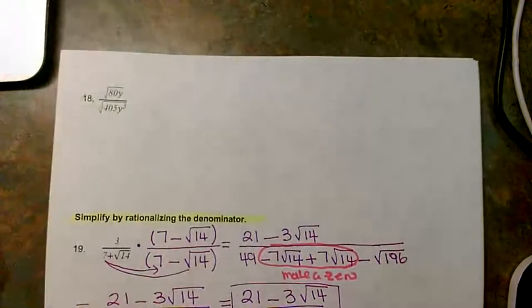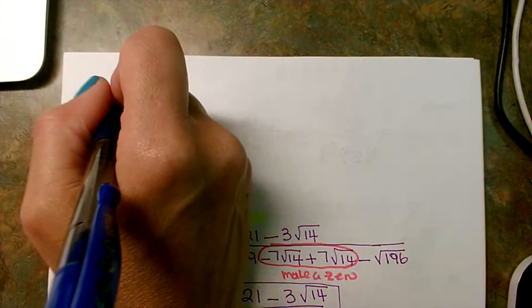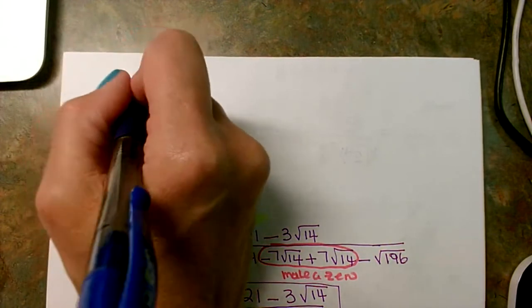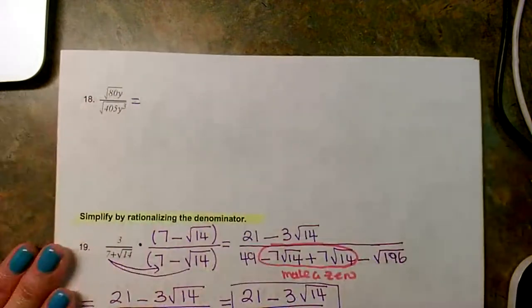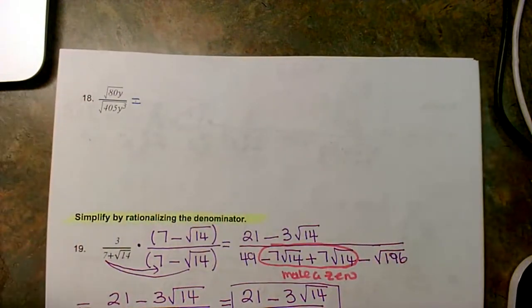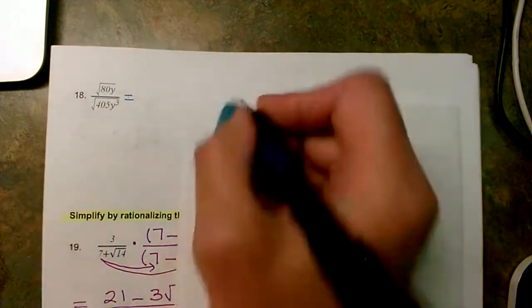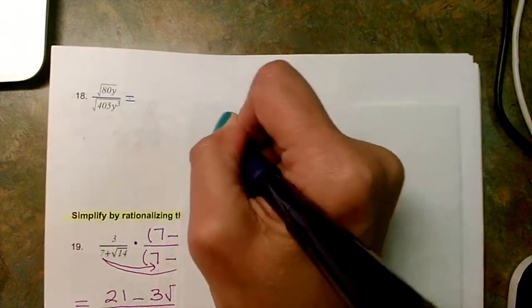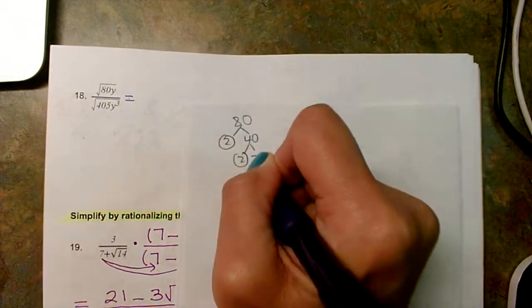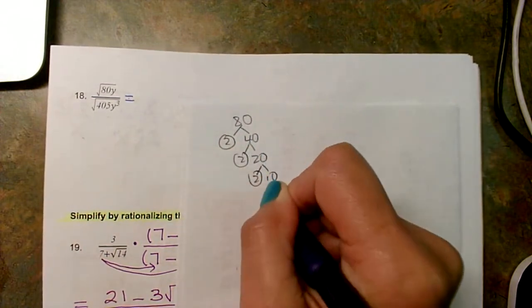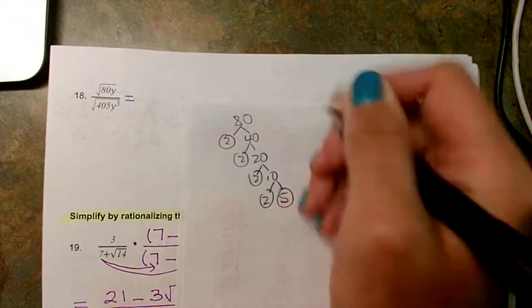Let's do 18. And this one says simplify. Okay, so 80. That's 40, half of 40 is 20, half of 20 is 10, and half of 10 is 5.